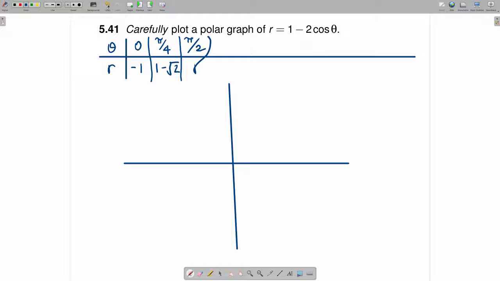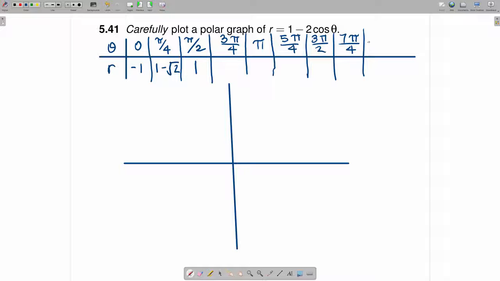And this will continue as you go forward. I'm just going to put in the angles up top here: 3 pi over 4, pi, 5 pi over 4, 3 pi over 2, 7 pi over 4, and we end with 2 pi.